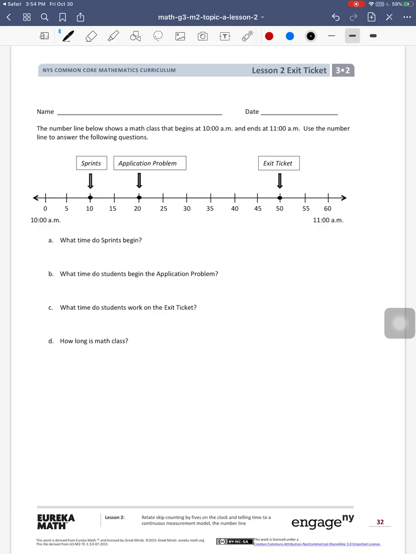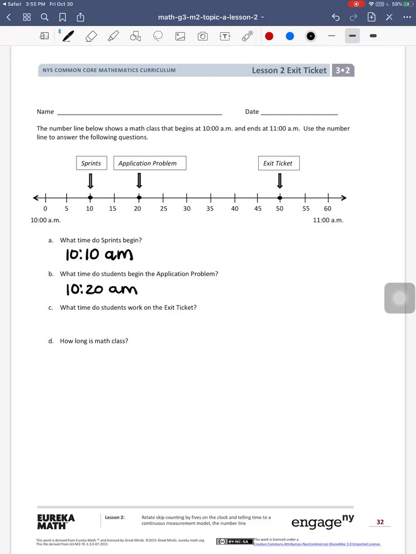All right, A says, what time do sprints begin? That's right, they begin at 10 a.m. And we found that by looking here, 10 a.m. What time do students begin the application problem? Right again, they started at 10:20 a.m. What time do students work on the exit ticket?